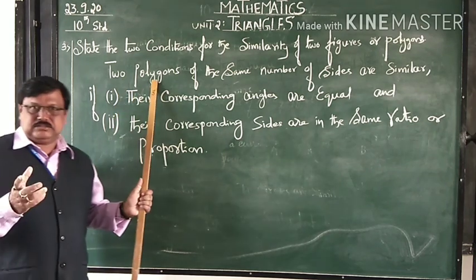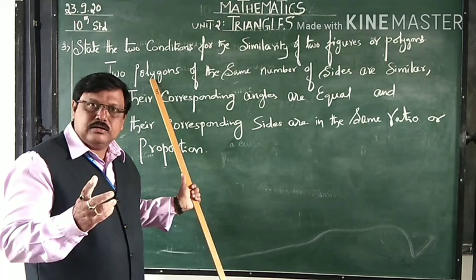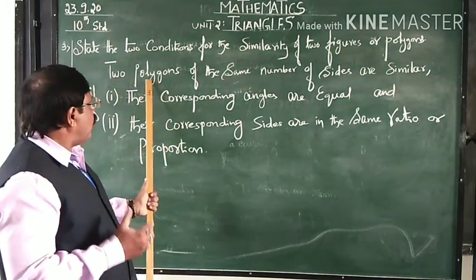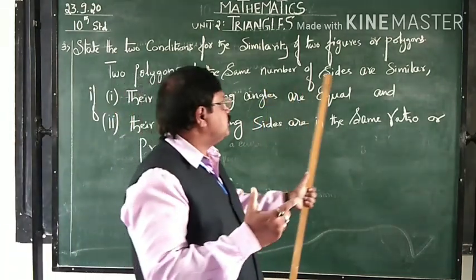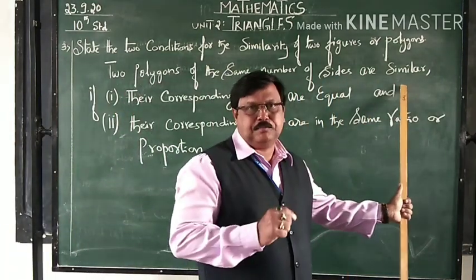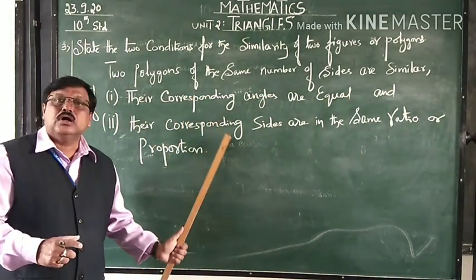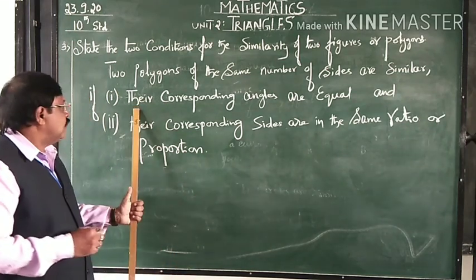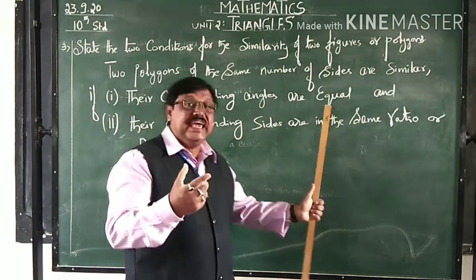Two polygons. What do you mean by polygon? Figures having number of sides. Two polygons of the same number of sides are similar if these two conditions that figures must obey: their corresponding angles are equal.